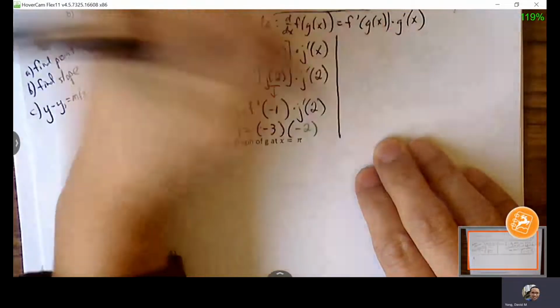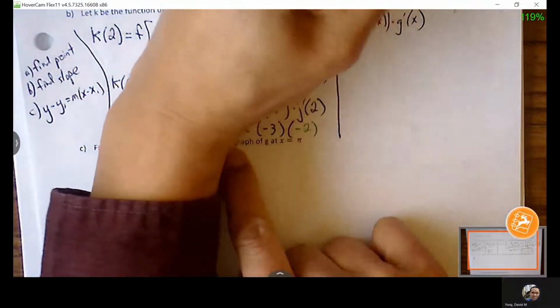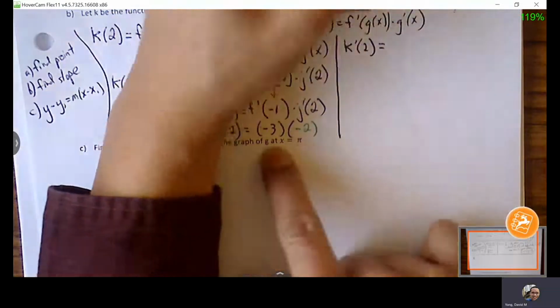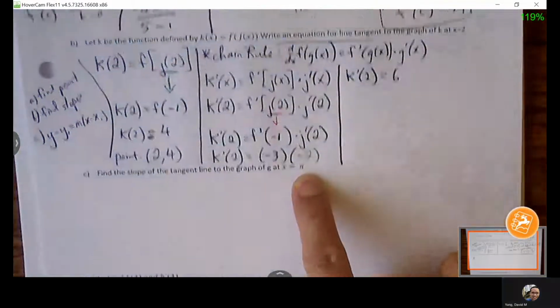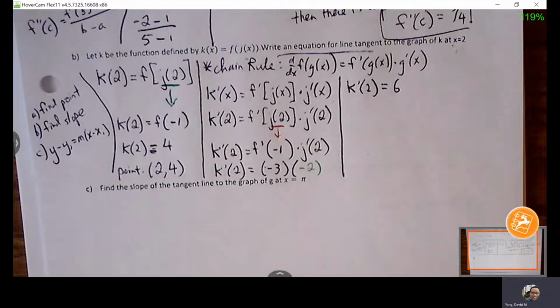So I know that my k prime of 2 must be equal to -3 times -2, which is 6. So let's see what we have so far.